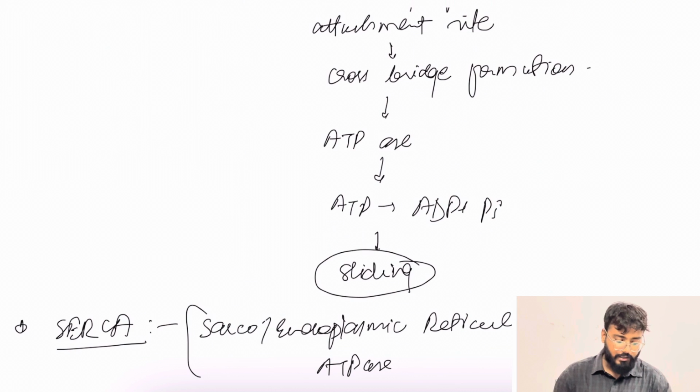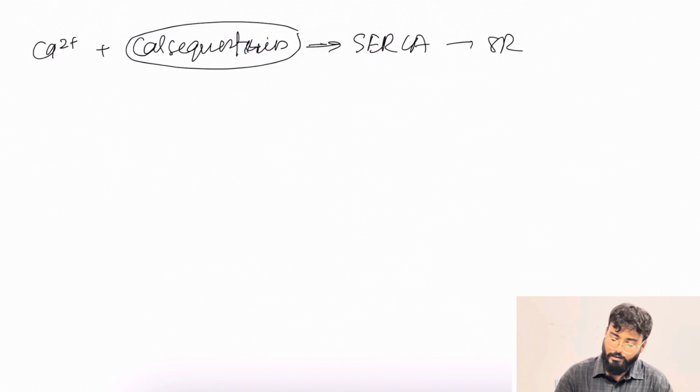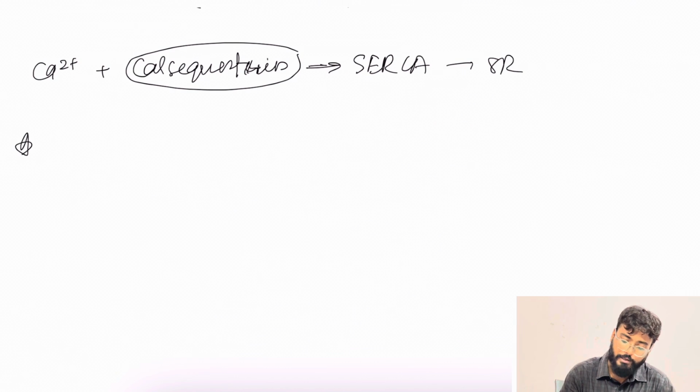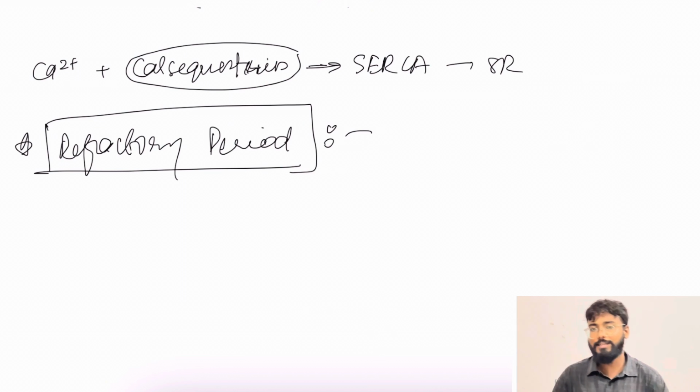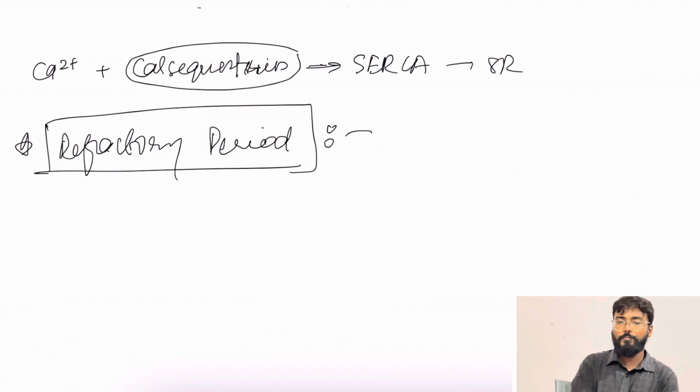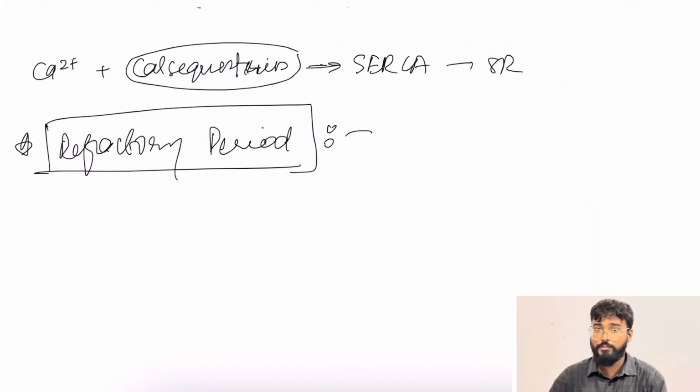Now further, let's discuss the refractory period. What actually is a refractory period? Whenever the action potential arrives at the cardiomyocyte, there is a change of ionic gradient.